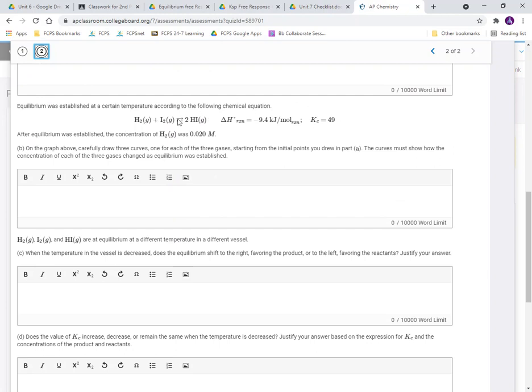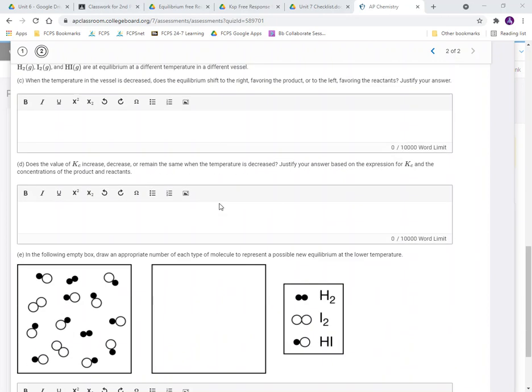They gave us the reaction. They gave us the delta H. What does that delta H tell you about this reaction? It's exothermic. So where is the heat located, or where's the energy located? On the reactant side or the products side? It's on the products. Okay.